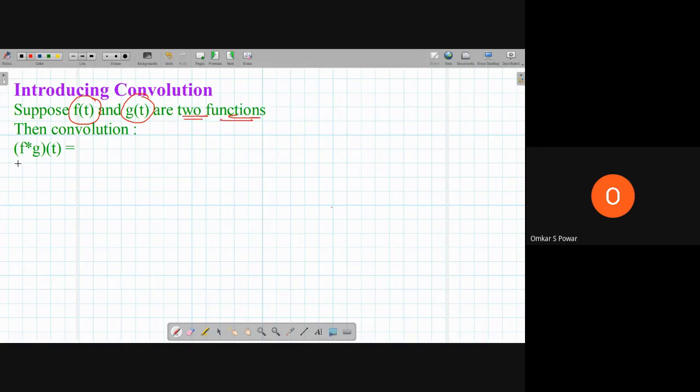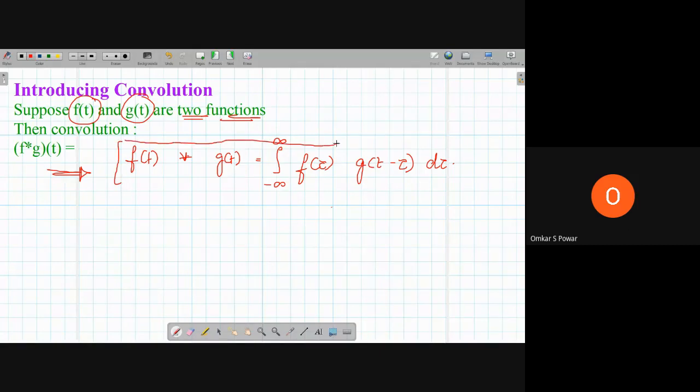Then the convolution of f of t with g of t is equal to the integral from minus infinity to infinity of f of tau g of t minus tau d tau. This is the definition of convolution. I did not introduce this definition at the beginning because you would get afraid.